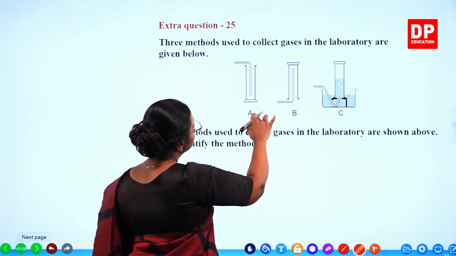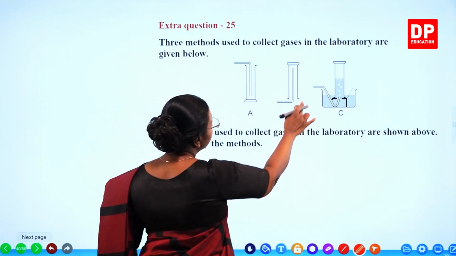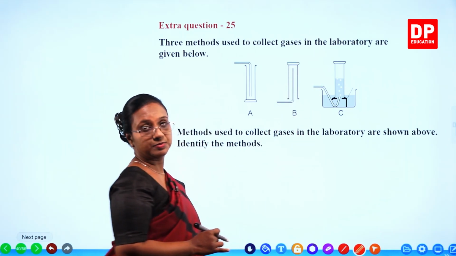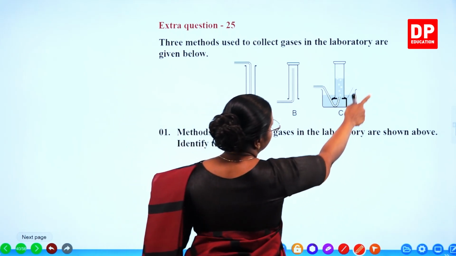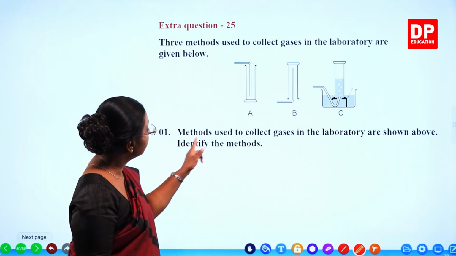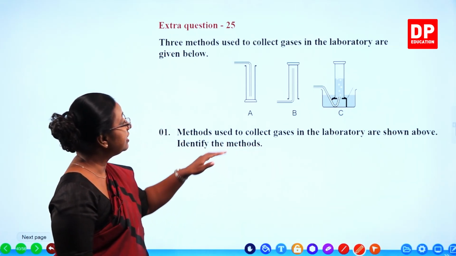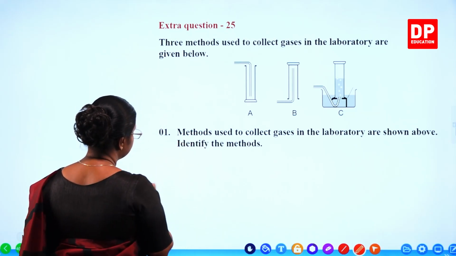A, you can see it is the upward displacement of air. Here you can see B, downward displacement of air, and C, you can see it is the downward displacement of water. Methods used to collect gases in the laboratory are shown above. Identify the methods. That's what I just did.